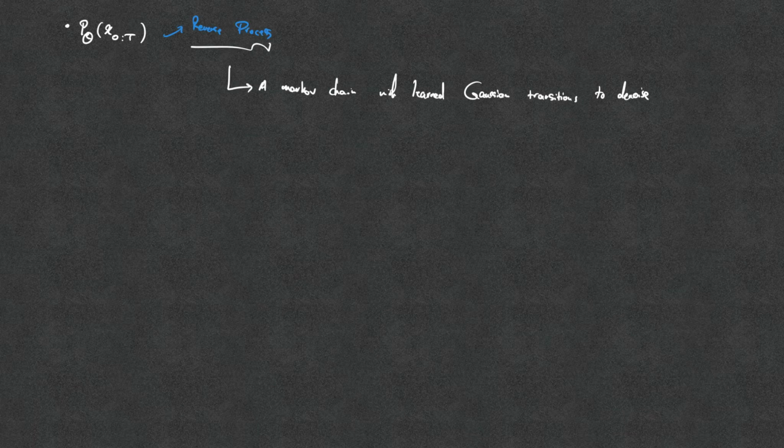Okay, so p theta of x0 to xt is the reverse process. So it is a Markov chain of basically Gaussian distributions, the learned Gaussian transitions, in order to denoise the noisified image into a meaningful one.